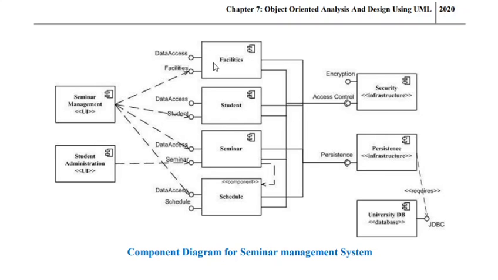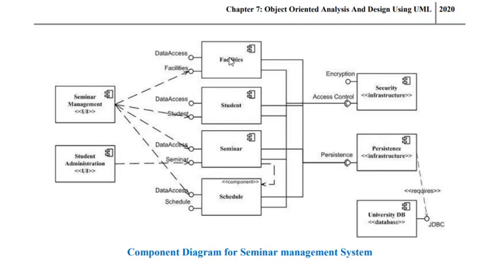Associated with each component we have a provides interface capable of providing data access, and using the other interface we can perform some purpose specific task. So seminar management depends on all the four, whereas student administration depends on only the seminar, where the student will be enrolling into the seminar.